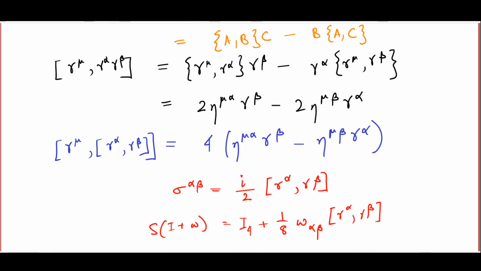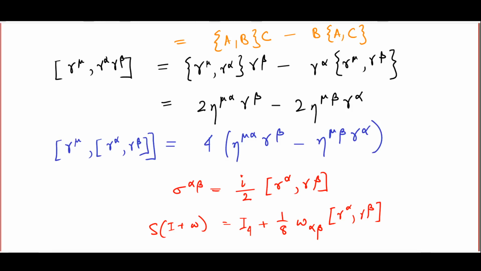And taking that factor into account, it is obvious that we can identify the matrix σ^{αβ} to be the commutator of γ^α with γ^β with an additional factor of i/2, which of course after multiplication by the 4 manages to give you the necessary 2i that you need in the commutator between γ^μ and σ^{αβ}.